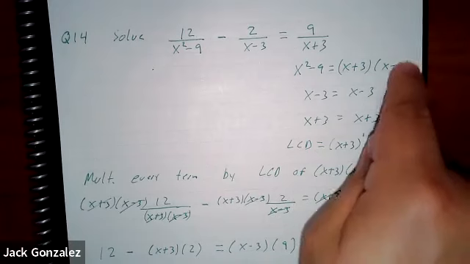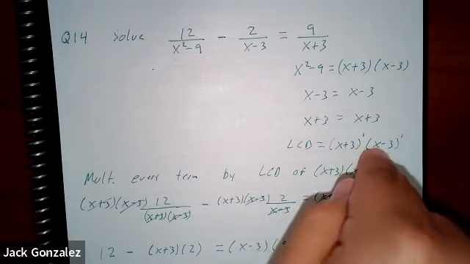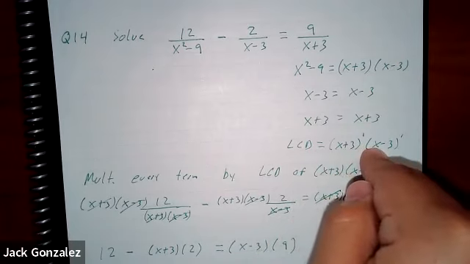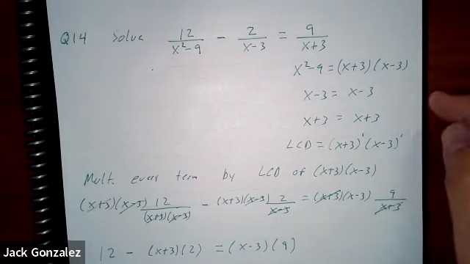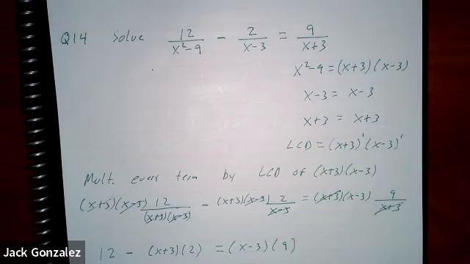X minus 3, I see 1 there, 1 there, so at most I saw 1 in any spot. But if you had 3 x's here and 4 x's there, you would pick the one with 4. If you had x plus 3 two times somewhere, then you'd pick 2, if everything else was less than 2.